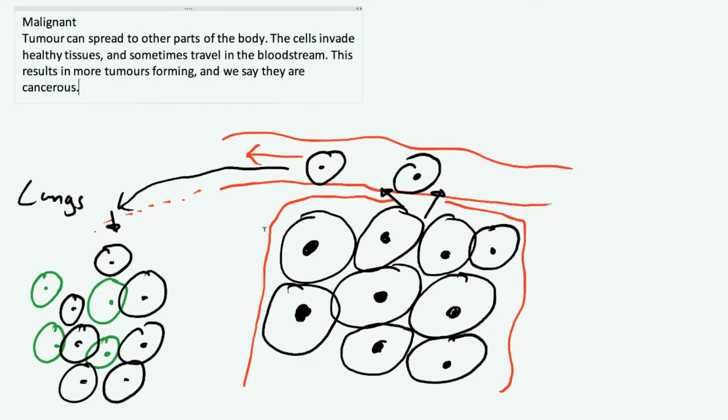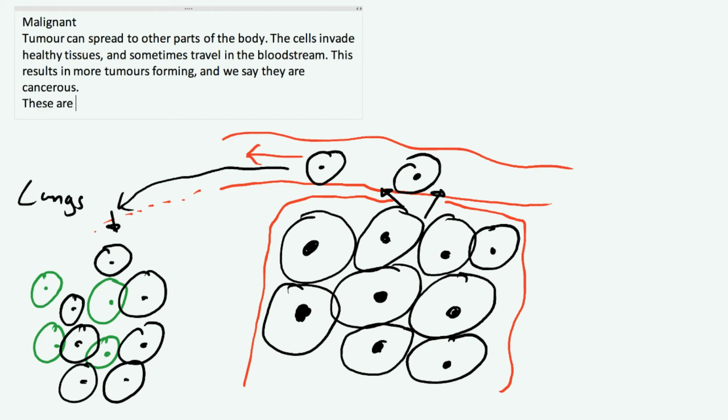You've studied the alveoli already. Maybe they're the cells in the wall of the alveoli. But if you have tumours, then those tumours are going to be blocking those cells from doing their actual job, and they're also going to be taking resources, so nutrients, oxygen, glucose, etc., that those cells need, and that's going to cause damage to that area. And if that's happening to multiple different areas, then you're going to be having severe problems.